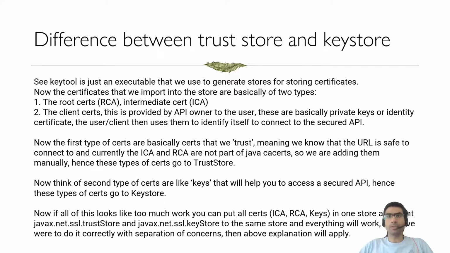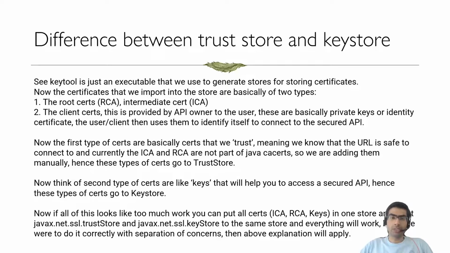But the problem is every time your JDK or JRE will be upgraded, you will have to redo the exercise. The other way is to add them into JRE lib security JSSECA certs, and I have a video on that. As long as the JSSECA certs password is changed, you can use that as well.